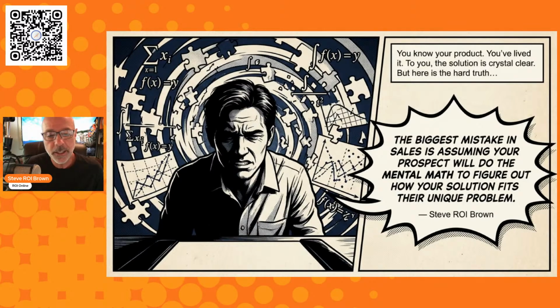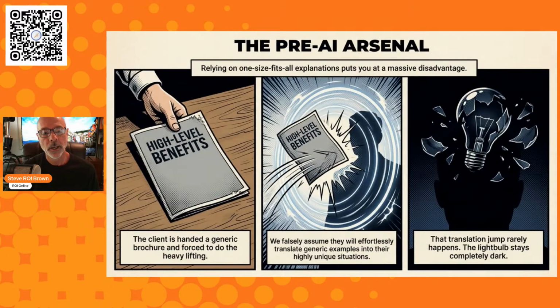So the biggest mistake in sales is assuming that your prospect's going to do the mental math to figure out how your solution fits their unique problem, as I was explaining. And so you have a way to take advantage of and overcome what I call the pre-AI arsenal.